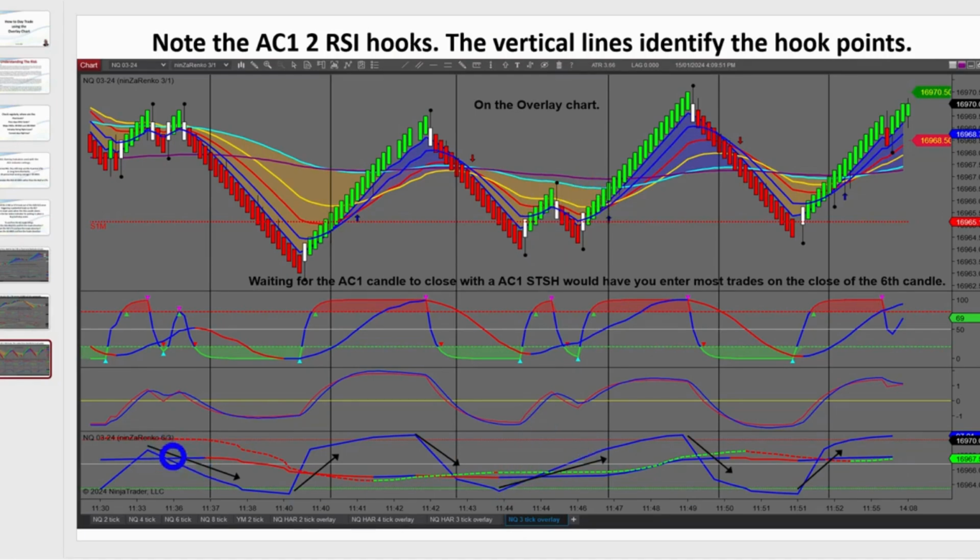I've gone back and marked up every one of these exactly where the anchor chart 1 candle would have closed, getting you into these potential trades. Okay, so we're waiting for the anchor chart 1 candle to close. With the AC1 short-term stochastic, you would have entered most of these on the close, in this case on this time frame, on the close of the 6th candle.